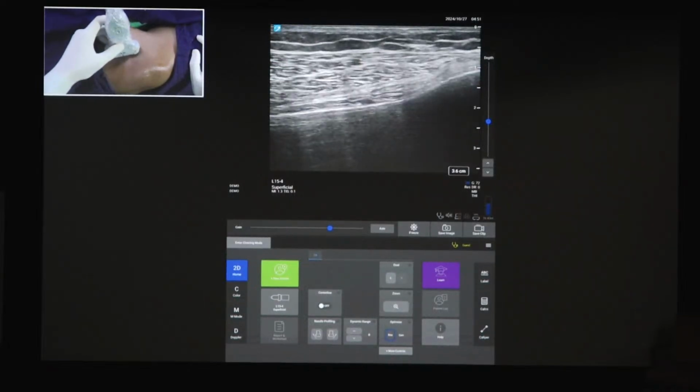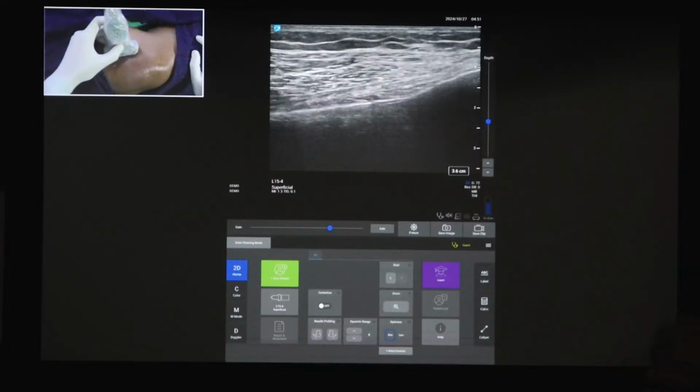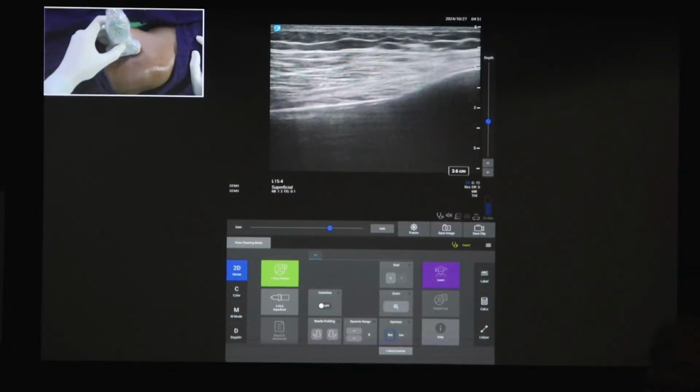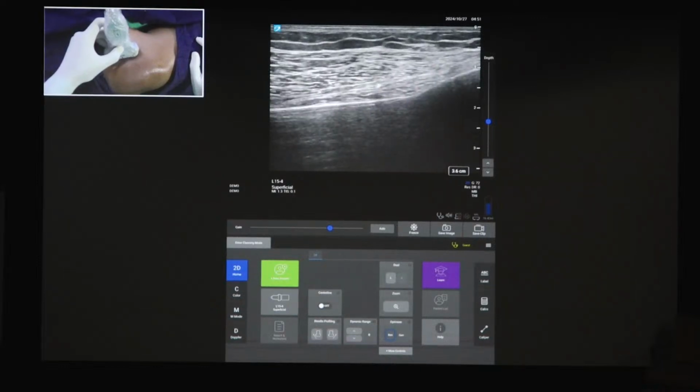So for the first thing, what we'll target is the medial branch of nerve to vastus intermedialis, which is at the junction of the condyle and the shaft of the femur, along with the genicular artery. Exactly in the center of the ultrasound screen, you can see the pulsation. That is the genicular artery, one of the genicular artery branches.